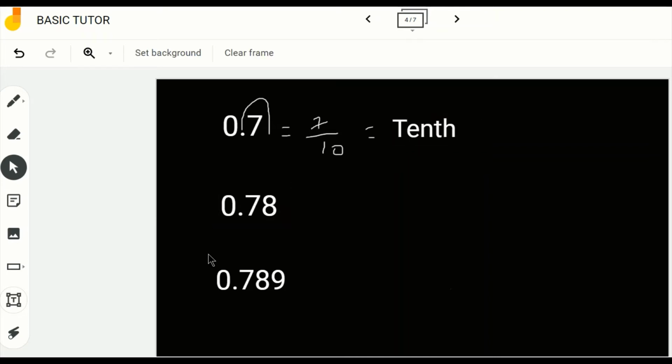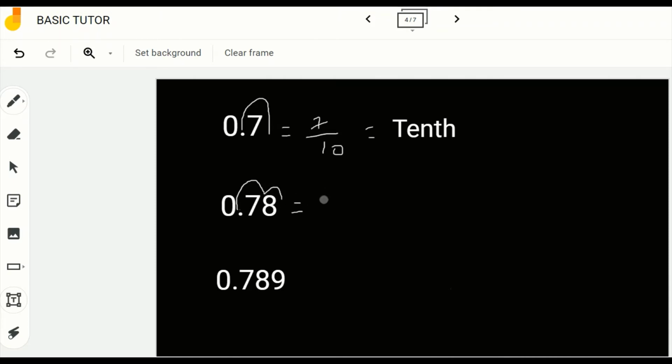Let's look at the second decimal number. We have 0.78. To check the place value of this, we convert to a fraction. So I'll move the decimal point to the last digit. 1, 2. That is, I move twice. That should be 100.